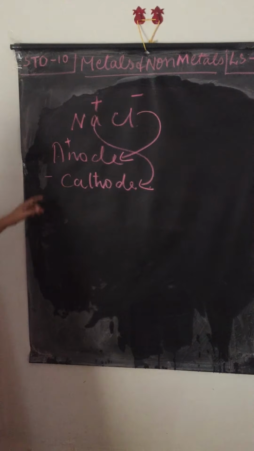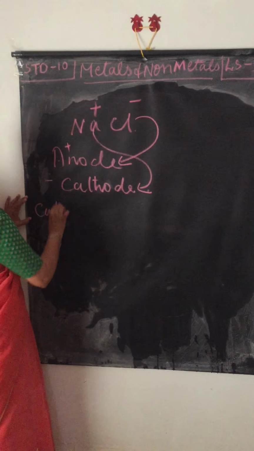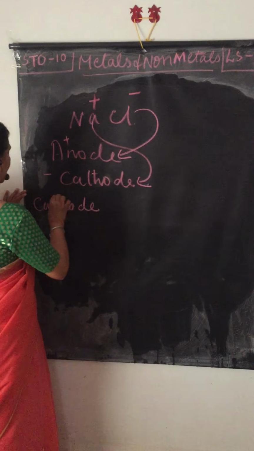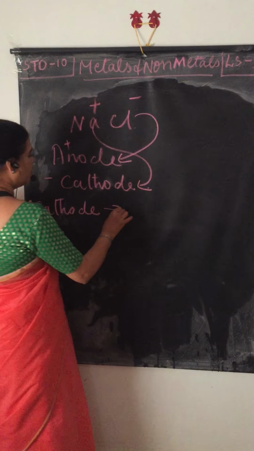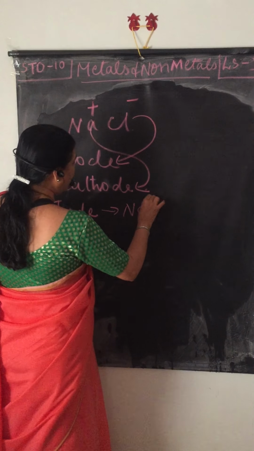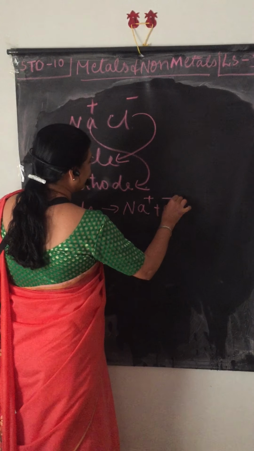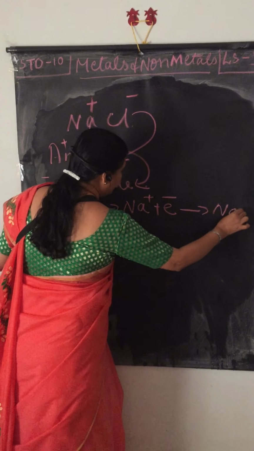Now what reaction takes place at the cathode? At the cathode, Na+ has already lost an electron, so it takes back that electron and forms sodium metal.